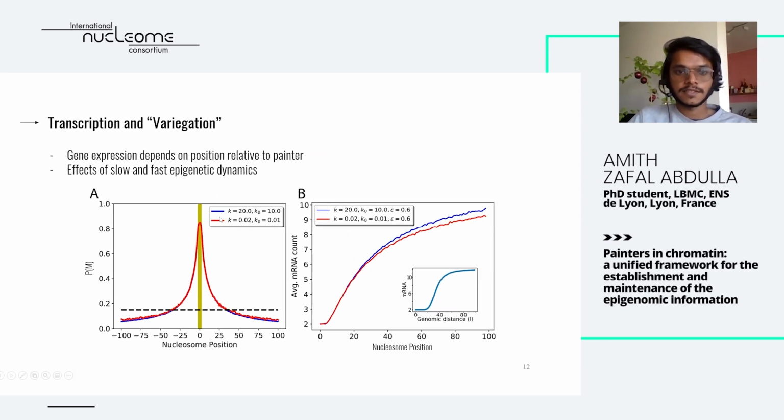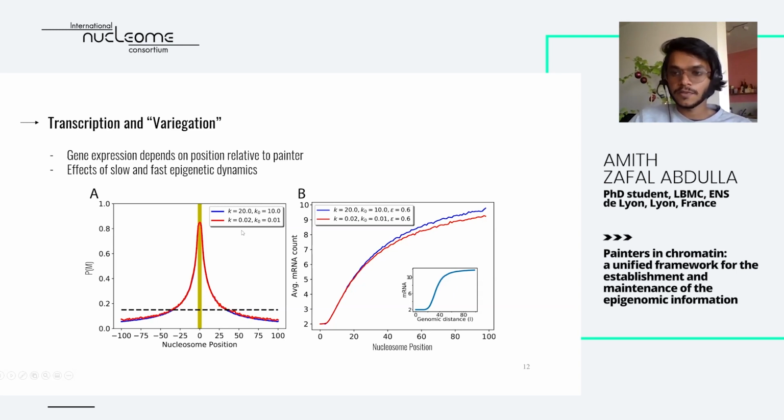So now let's look at how gene expression depends on the position, and how we can capture variegation with this model. Here I have a profile similar to the one we have seen. There are two profiles here, red and blue. The difference is that in blue, the process is very fast compared to the transcription, and in red, it's very slow.